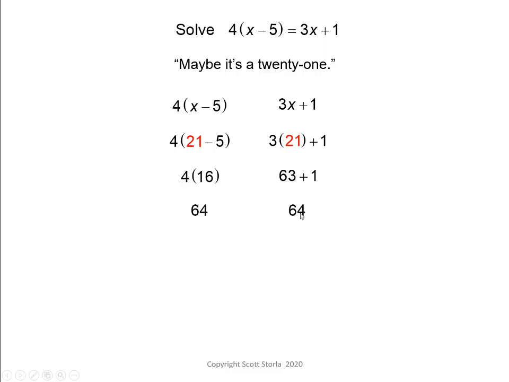Now, what the number is isn't important. The point is, it's the same. That implies that we have found the solution. It's 21. Mathematically, the way that we tell people the solution is to build a solution set, a set of all the numbers that are going to make the left side and the right side the same. So this is the solution set for this equation.